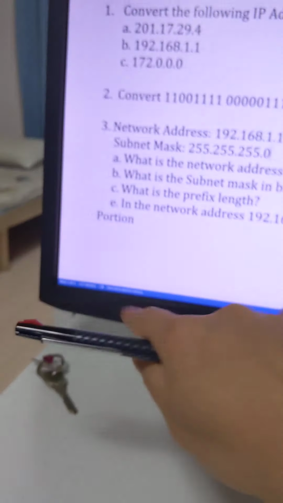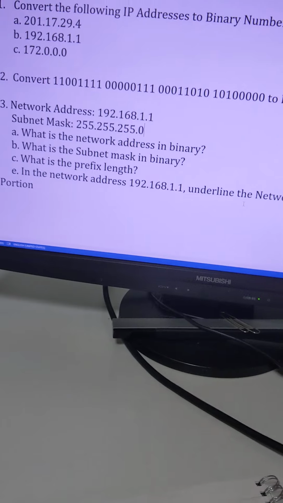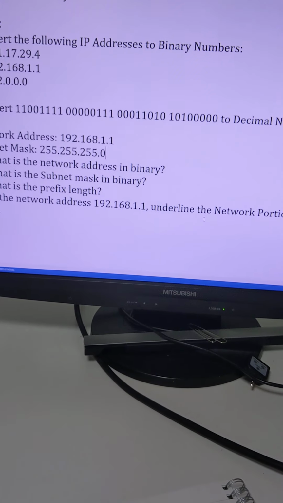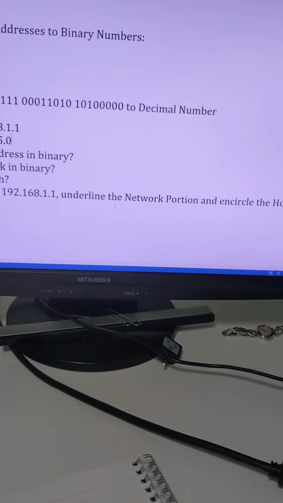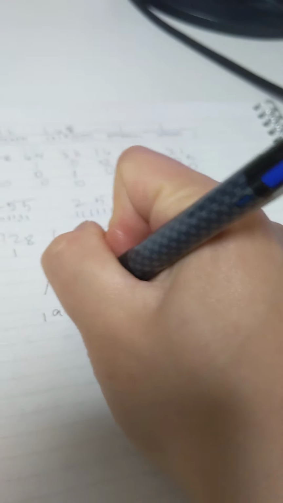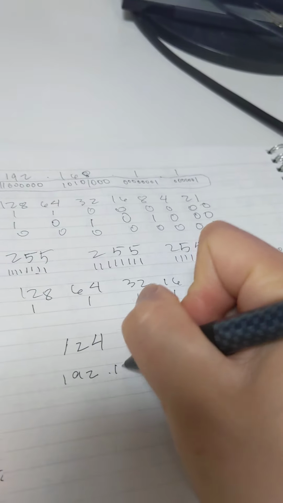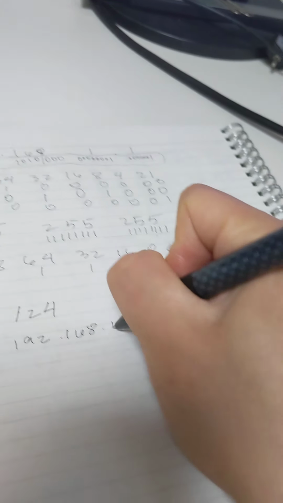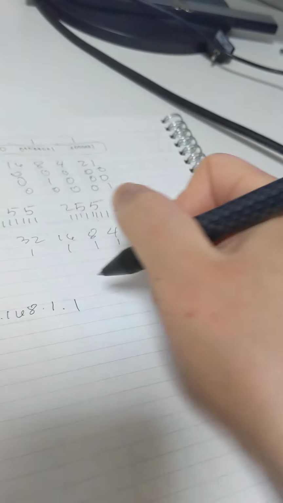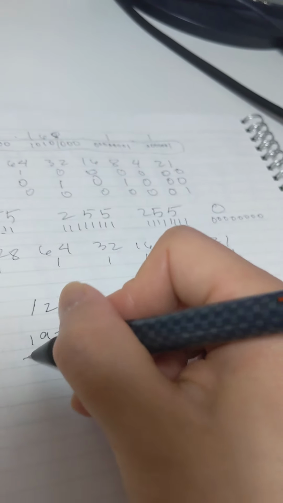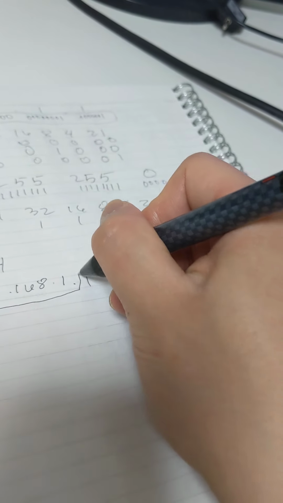And letter E, in the network address 192.168.1.1, underline the network portion and encircle the host portion. So 192.168.1. I think that this part is for the network.